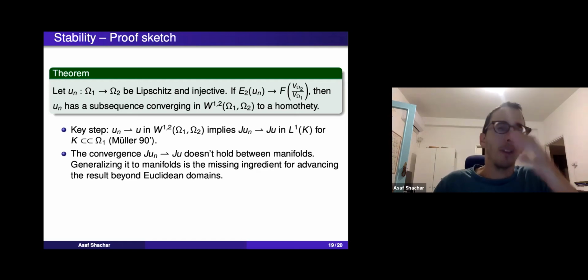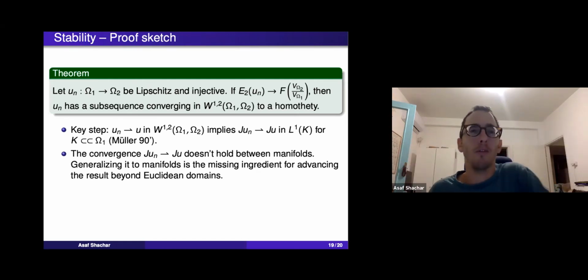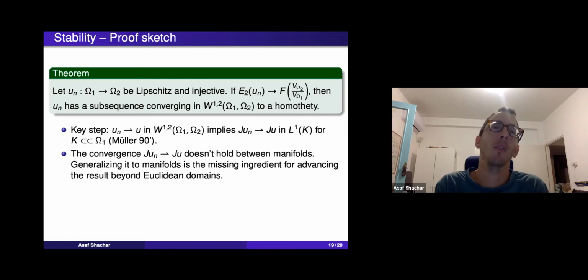For example, if you take the two-dimensional sphere, then you can construct a sequence of smooth conformal diffeomorphisms, which weakly converges to a point, to a constant map. So the Jacobians do not converge to 0.